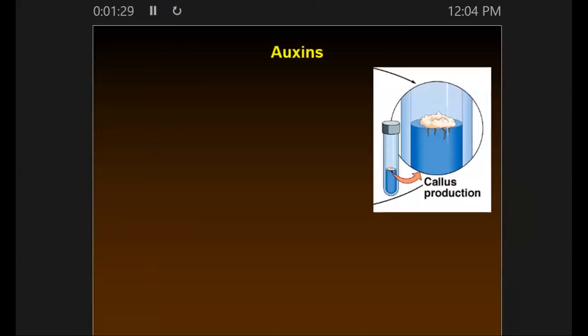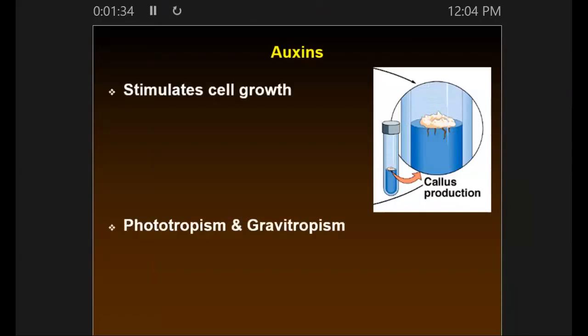And then also we use auxins in tissue culture techniques where we clone plants in special containers that have tissue culture medium, and the hormone in that medium will promote what we call callus formation, which is a bunch of plant cells that just haven't differentiated yet into shoots and roots and leaves.